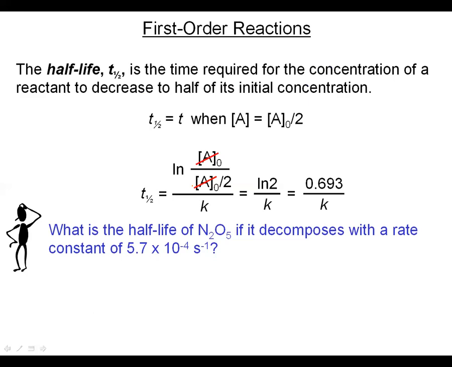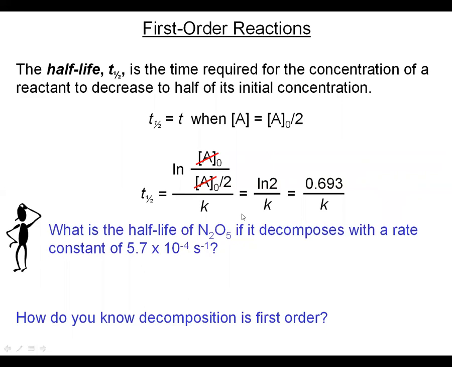So again, if we wanted to know what the half-life is, if it has a rate constant of 5.7 times 10 to the minus 4, we can use this equation here. And first off, we would take the half-life, natural log of 2 over k.